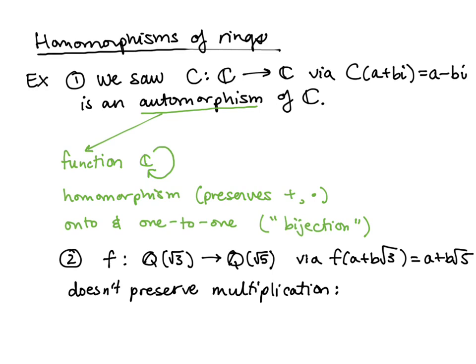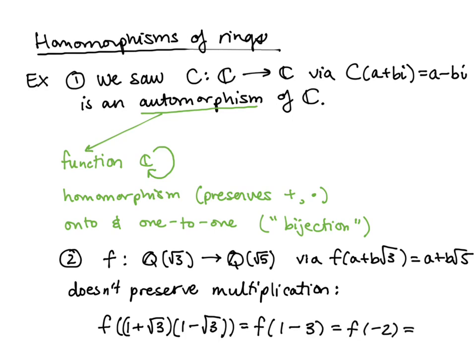Now, I claim this doesn't preserve multiplication, which means I'm going to show an example of two things that I multiply. I apply f, and I get some value, and that value will be different than what happens if I apply f to my two elements first and then multiply them. So here we go. I chose to look at f of (1 plus the square root of 3) times (1 minus the square root of 3) because I'm lazy and differences of squares are easy to work with.